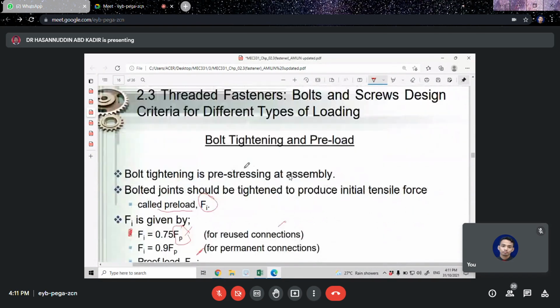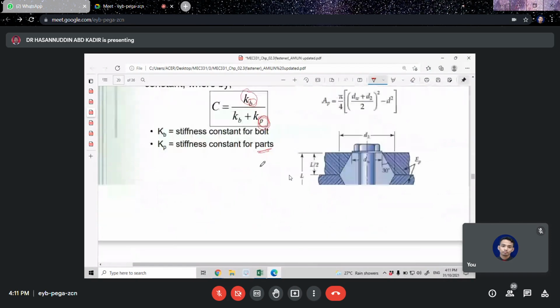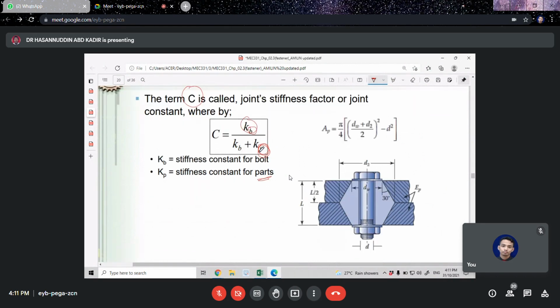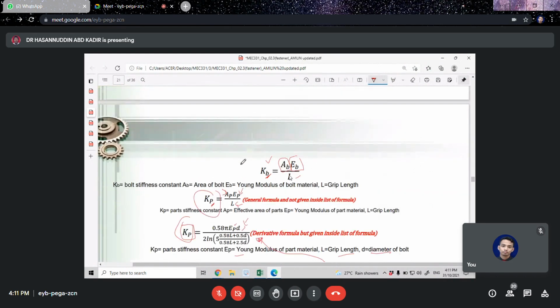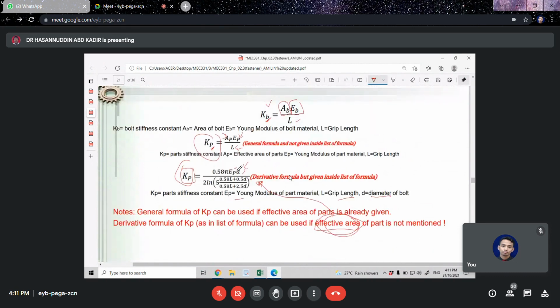Later when we do the questions, we will see it in more detail. So please, we have a C here, KB over KB plus KP. This condition you can apply directly if you have the value of A, E and L. If you cannot find the value of A for the P here, you can apply another formula for KP.